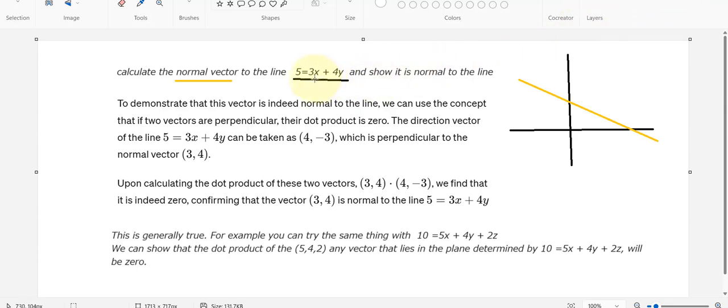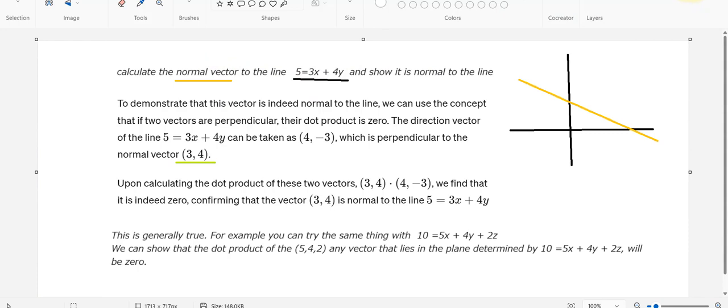And it turns out that all you have to do is take the coefficients of the x and the y, and that will give you the normal vector. So in this case, 3 and 4. That will be normal to this line. In other words, it'll be perpendicular to this line.